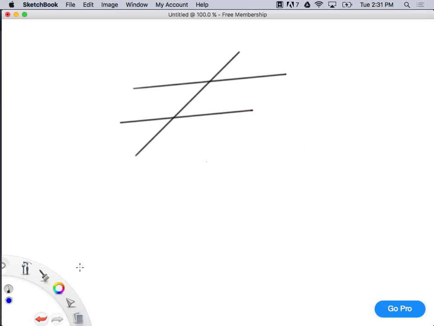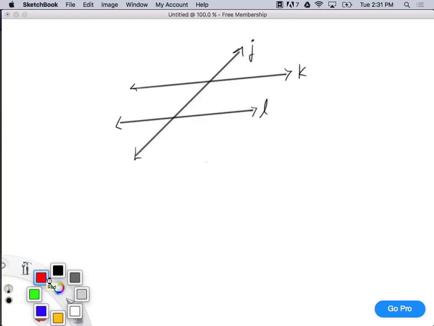Let's say that I've got line J, line K, and line L. And I tell you that this angle is 57 degrees, and I tell you this angle is 57 degrees.